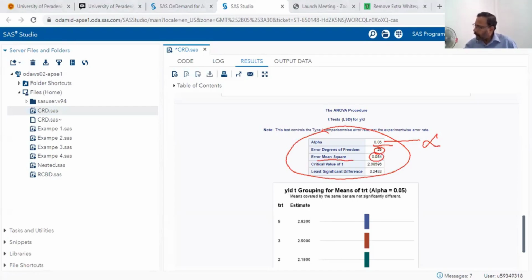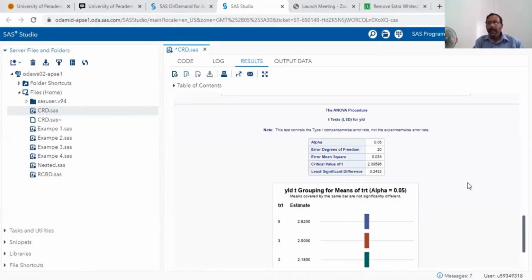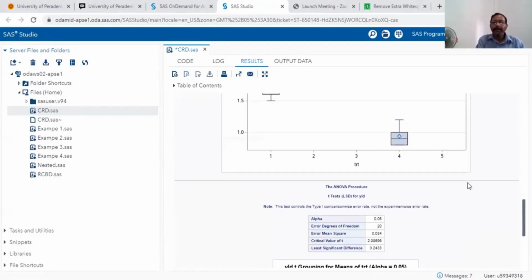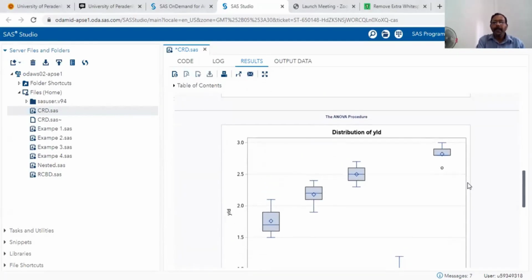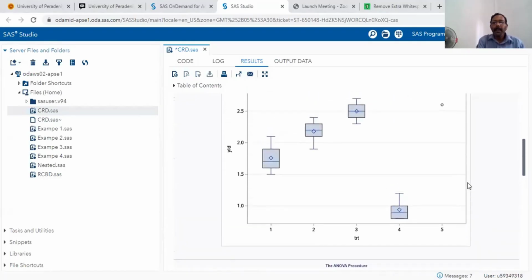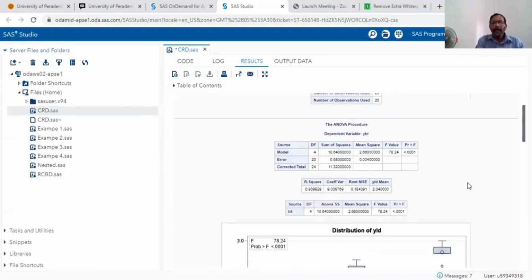What is the error mean square? Because it is also needed for the calculation. I will go up and show. You see, this is the mean square of error. What is the value?